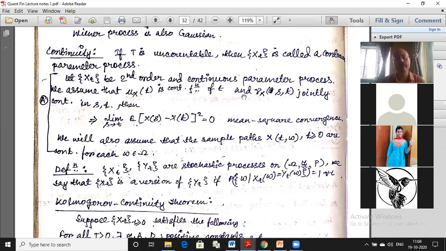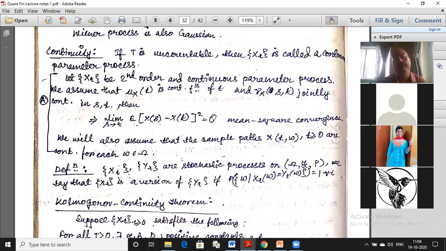Because if I fix an omega, then each Xt(omega) is a function of time. I have talked about the continuity of the mean function, covariance function, etc., and the mean square convergence, but that is all in expected terms. But can I say something about individual omegas? That is not so easy to assume, right? Because assuming continuity for each omega is a lot of assumption.